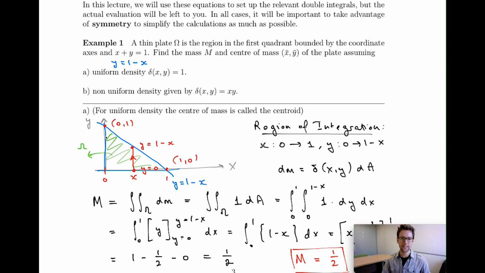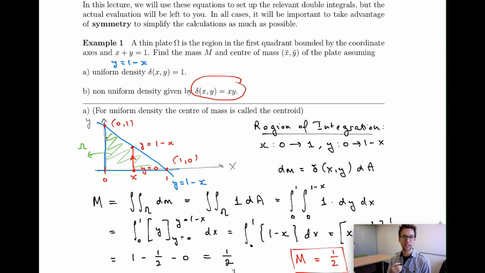The question now is, does this still apply when I've got a non-uniform density? Certainly the region of integration is the same. So the x and the y axes can be swapped to get exactly the same region of integration. It's just a triangle. The question is, does the density change if I swap the x and y axes? So if we take a look at the density, imagine if I was to rewrite x everywhere as y and rewrite y everywhere as x.